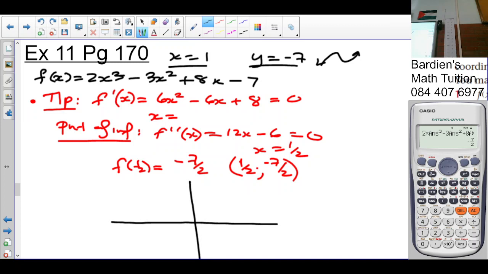So you got the x-intercept of 1. We cut the y-axis at negative 7.